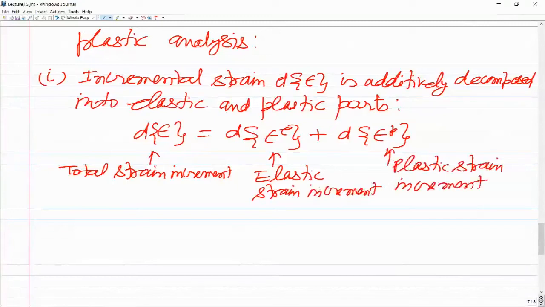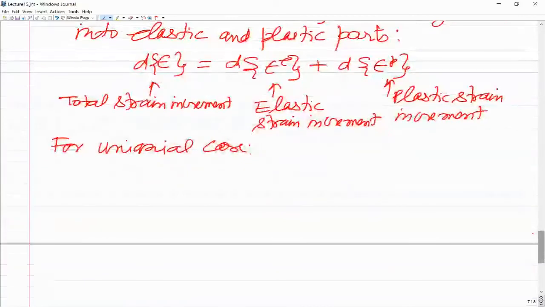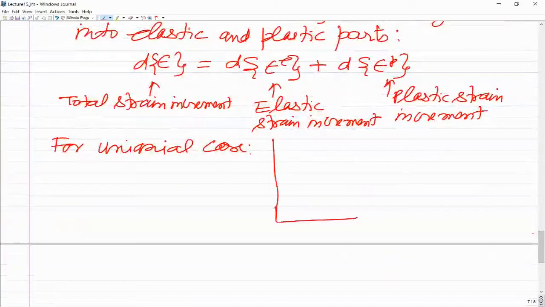Now if you look at the uniaxial case, let me demonstrate the incremental part. The uniaxial case means the kind of material characterization you do using a uniaxial test. Let us say we have the stress strain curve, with sigma xx and epsilon xx, and the curve is initially linear elastic and then elastoplastic.